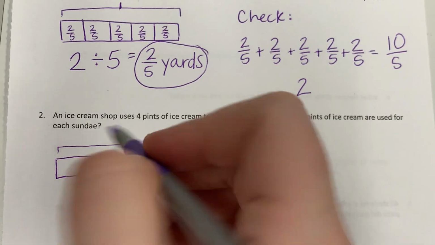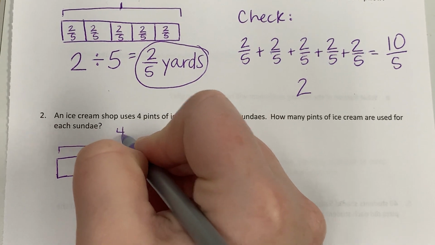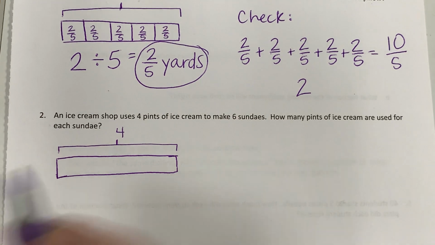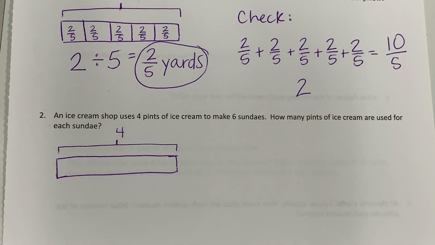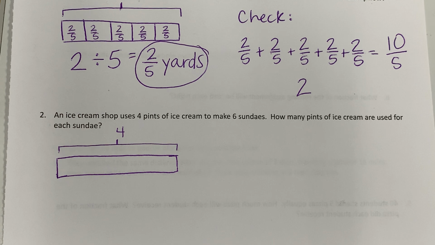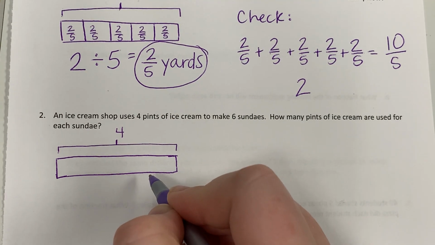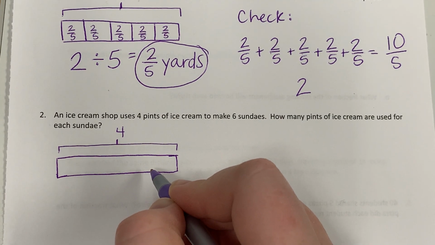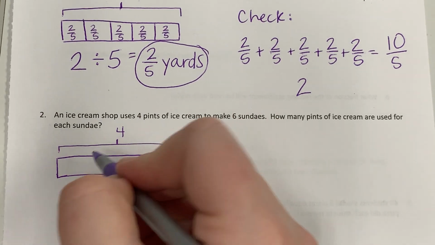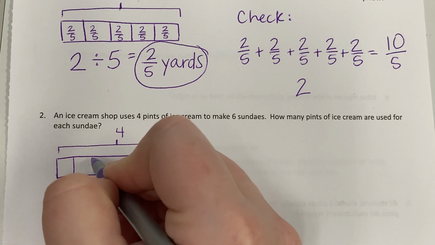It's worth 4. Because there's 4 pints of ice cream, right? Now, how many times do I need to split these 4 pints of ice cream, Nevaeh? 6 times. So how many squares do I need to have inside this rectangle? 6. 5 lines, 6 squares.